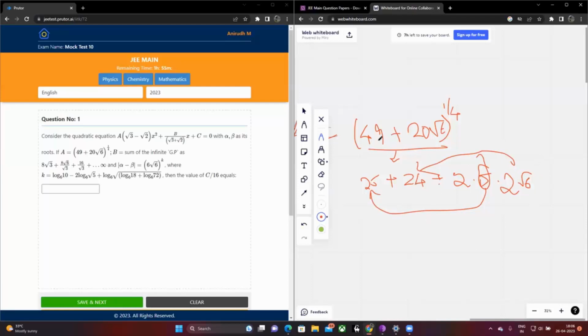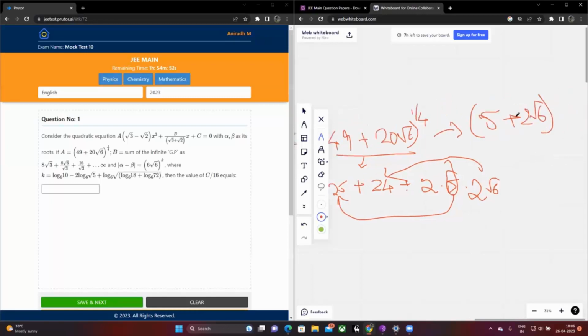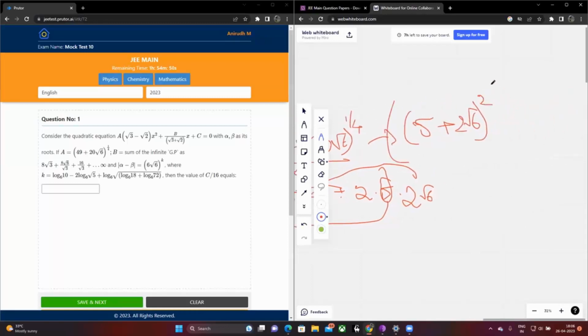So basically this 49 plus 20 root 6 can be written as 5 plus 2 root 6 the whole square, the whole power 1 by 4, right? Which simplifies down to 5 plus 2 root 6 under root.